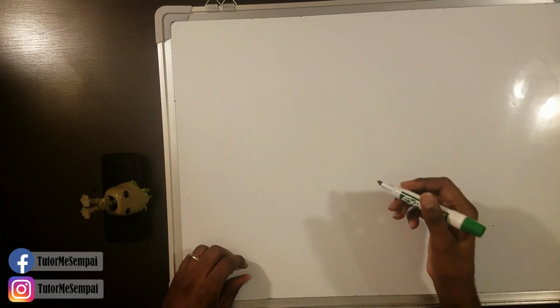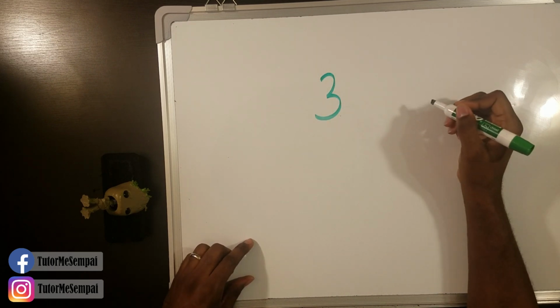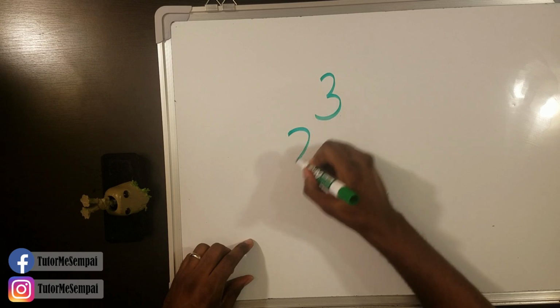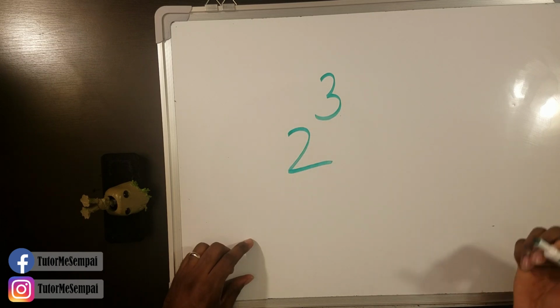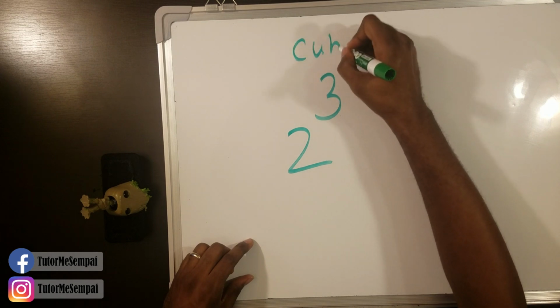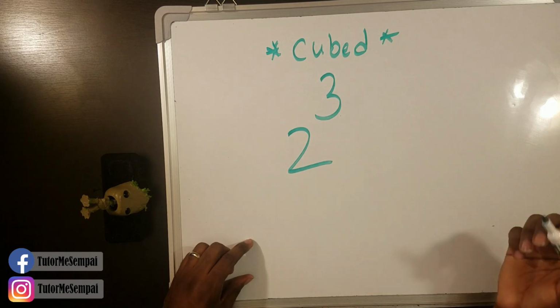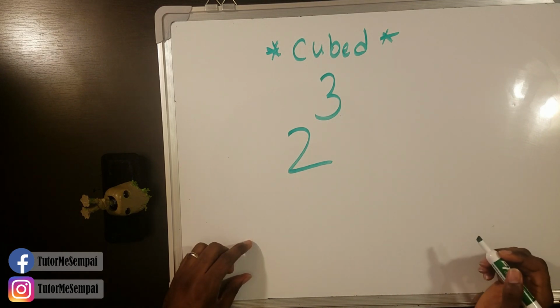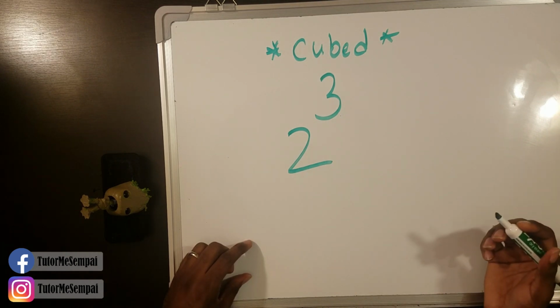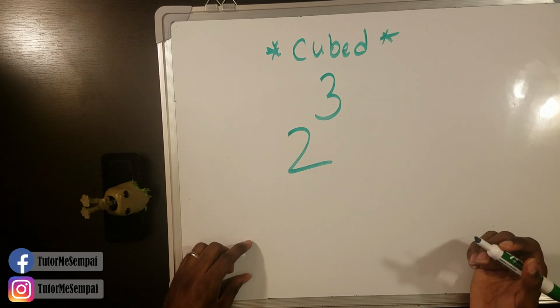Similarly to the previous example, our next one is going to be the exponent 3. So whenever we have a base raised to the third power, we can call this cubed. Now you might already kind of figure out why this is. If squared was because of a square, cubed might be because of a cube.